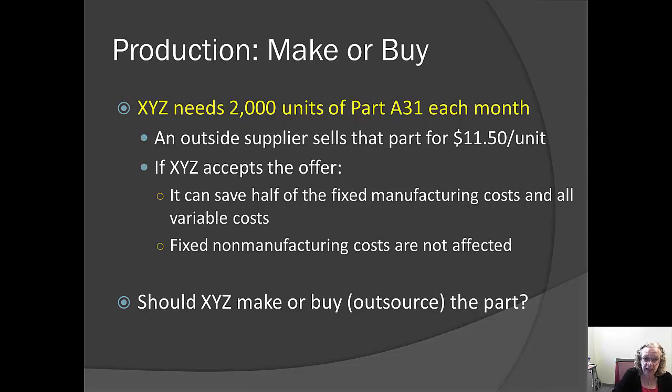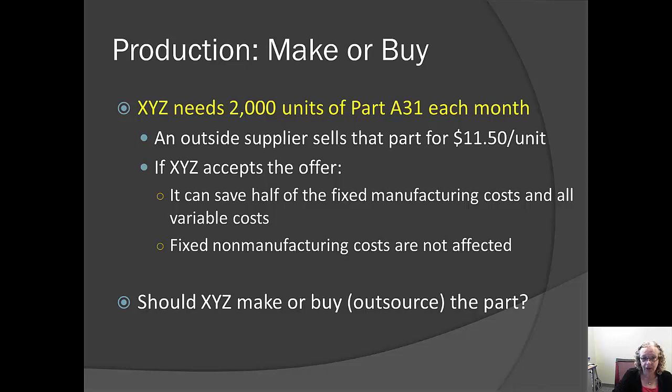In this particular case, however, we're told that the firm can save half of its fixed manufacturing costs as well as all of the variable manufacturing costs if it decides to buy the component. In real life, you'd have to go downstairs to the manufacturing supervisor and find out this information.